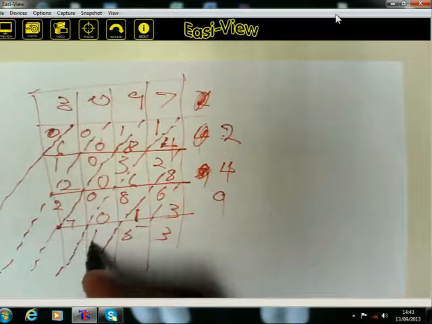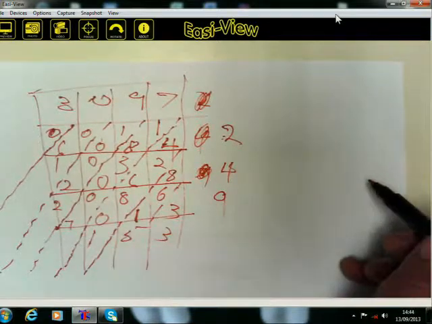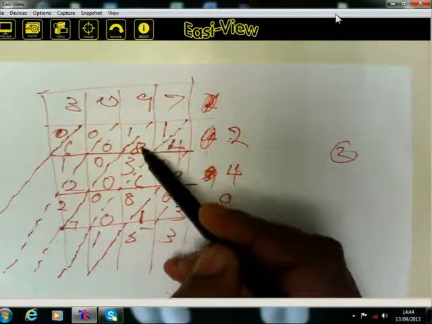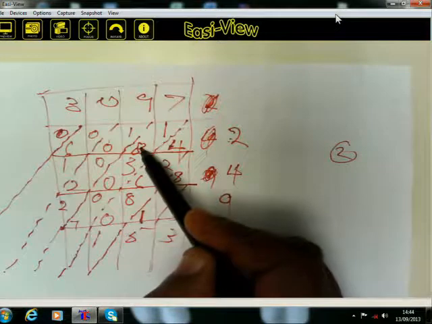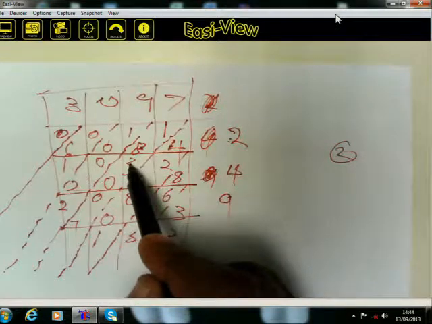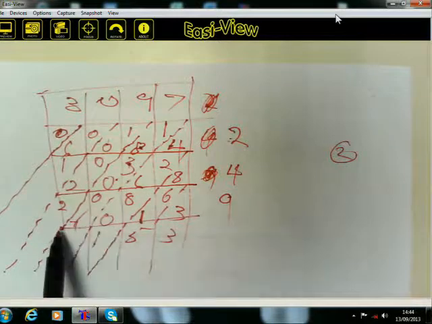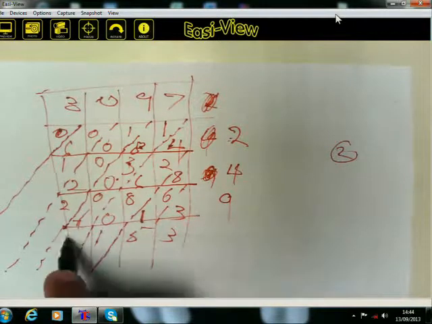You carry 2. Then 1 plus 8 is 9, plus 3 is 12, plus 7 is 19, is 21.